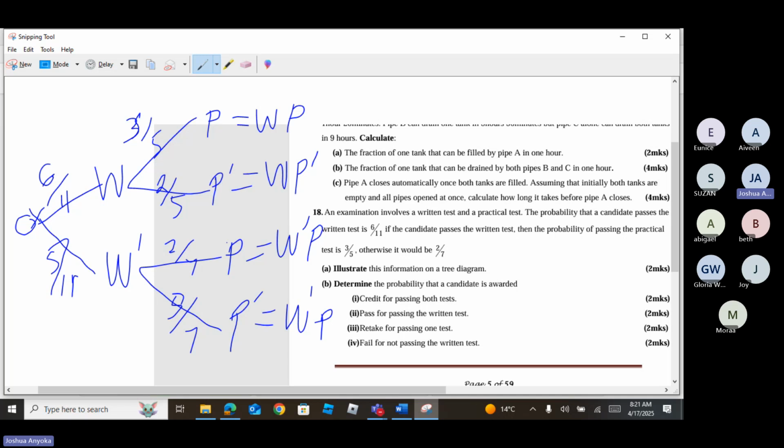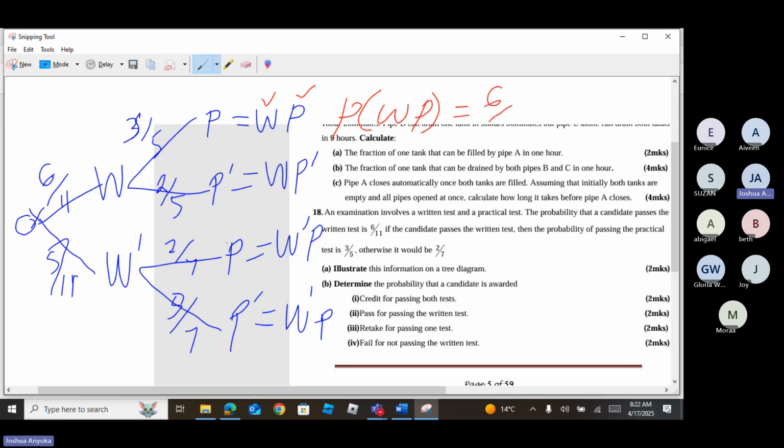Credit for passing both exams. So which outcome is favoring passing the two exams? It is passing the written test and passing the practical test. So it is the probability of this one, and then we multiply the branches.